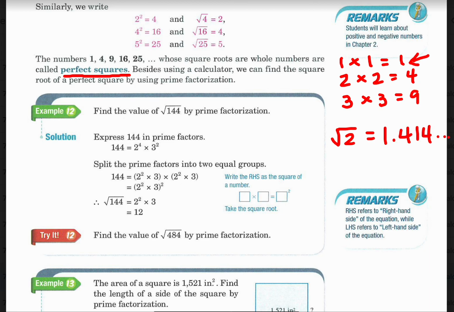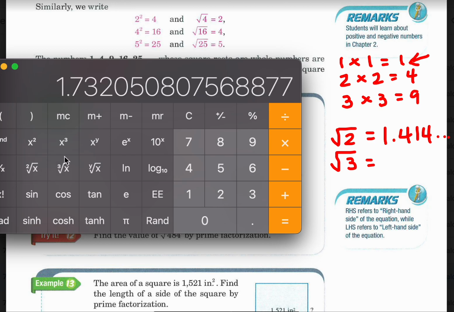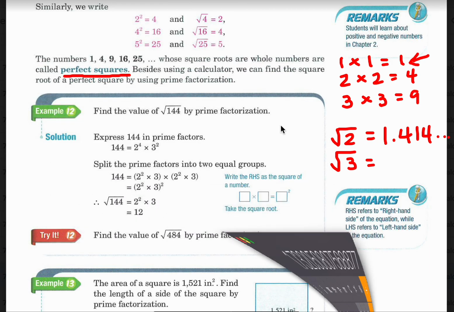So that's not a perfect square. If I find the square root of 3 in my calculator, that is also not a perfect square because it just goes on forever. It's a messy number, 1.732, etc., etc., etc.